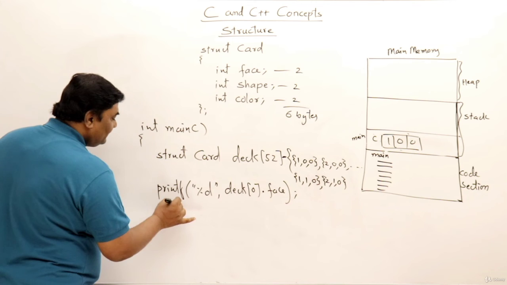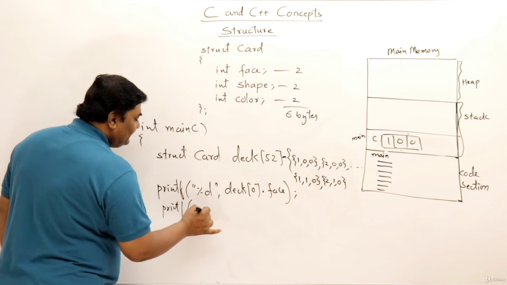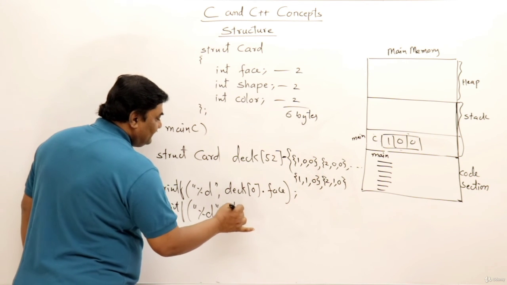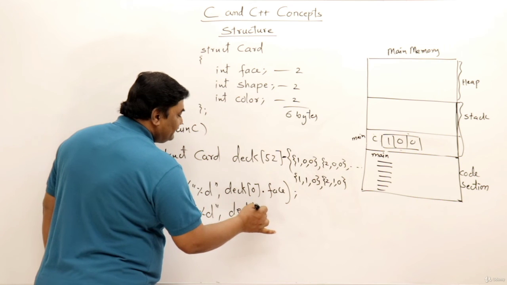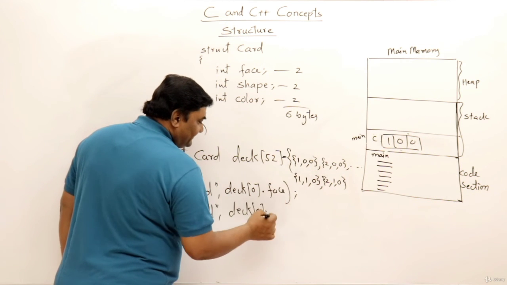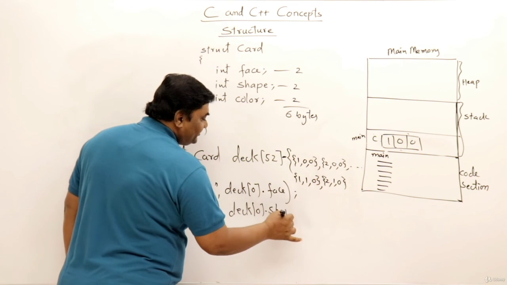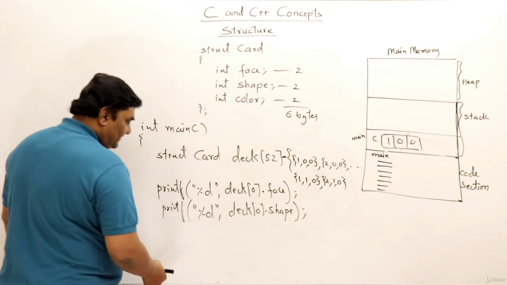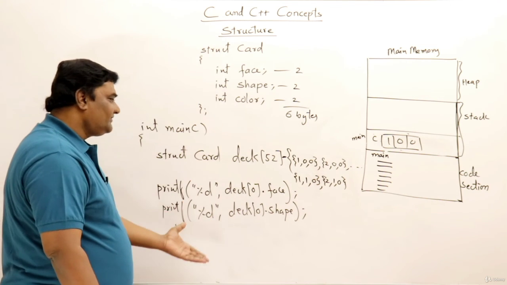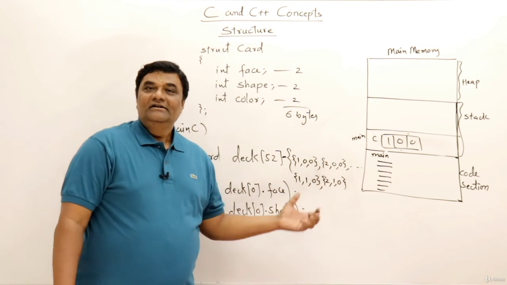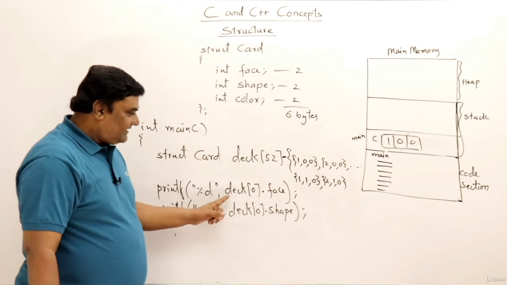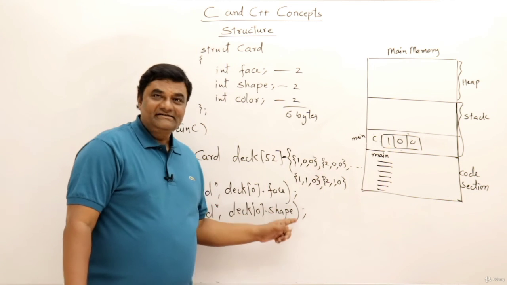Then printf next %d and deck of 0 dot shape. So I can display the shape. I can display other things also, like colors. So this is how, by using the array name and then the index, I can access it.